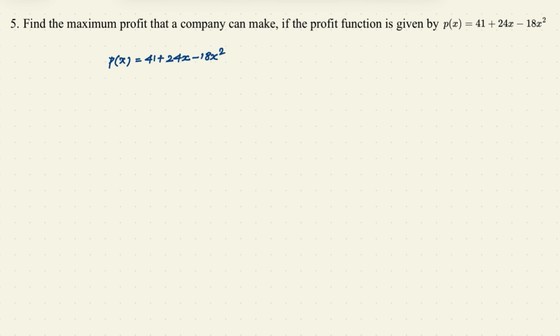As usual, we will differentiate this 2 times. So first of all, I'll differentiate and I'll get p'(x) = 24 - 36x, and again differentiating, I'll get p''(x) = -36. Now in order to get the critical point, we will put p'(x) = 0.